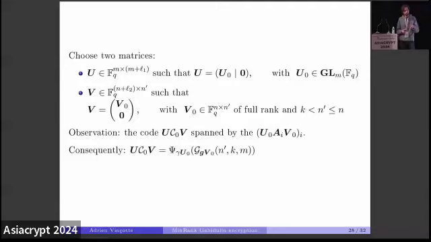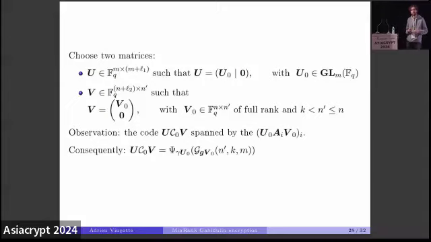So we can see that if you multiply by matrices which have this form, where U0 is composed of invertible matrices to which you concatenate several columns of zeros, and V is a random matrix to which you add some rows of zeros too, then the code U times C0 times V is spanned by the matrices U0 times Ai times V0.